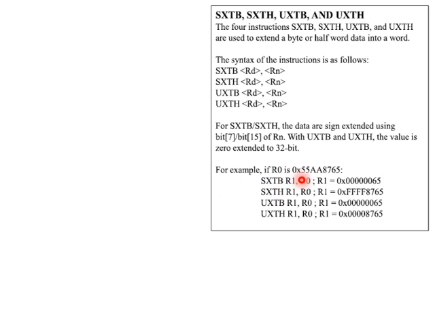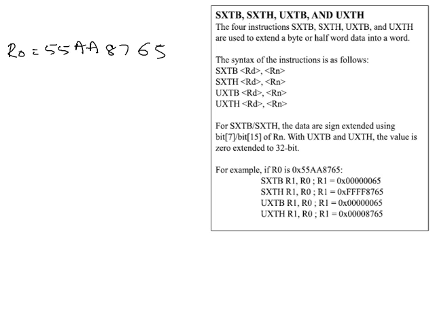Take R0 as 55AA8765, sign extension by byte. Here, the value of R0 is 55AA8765.